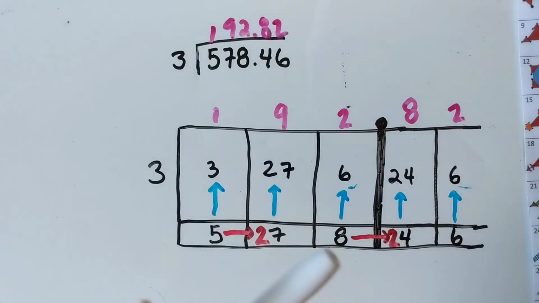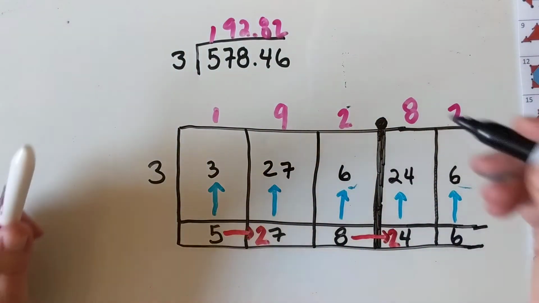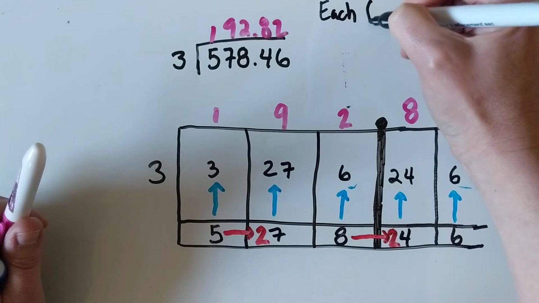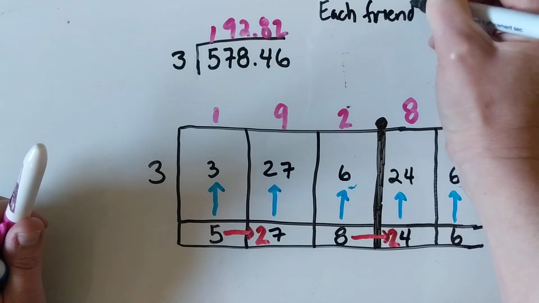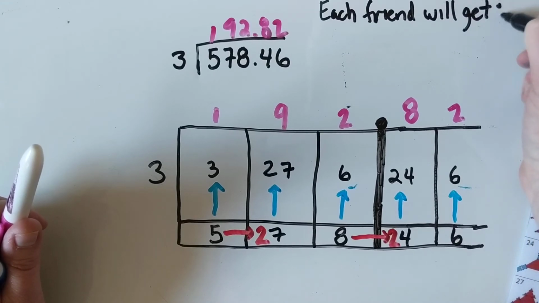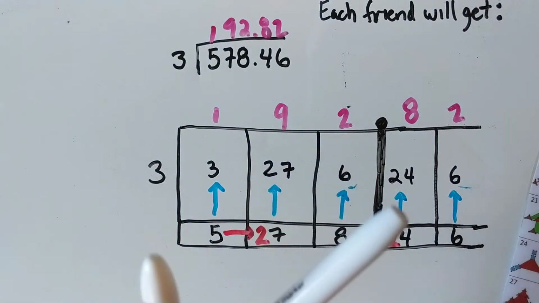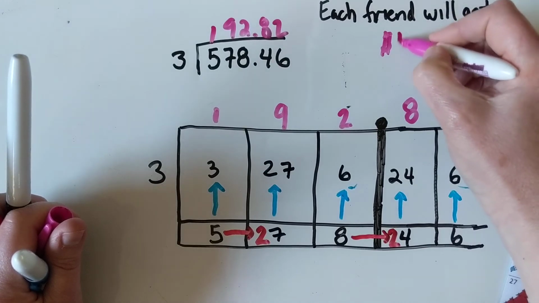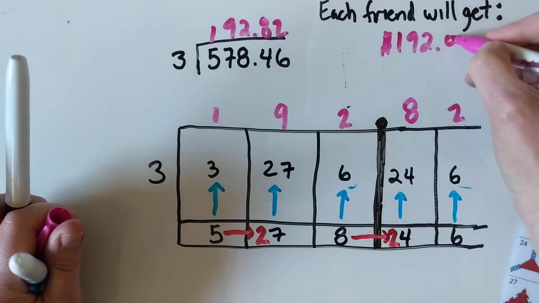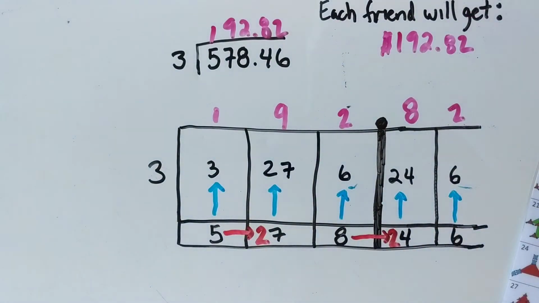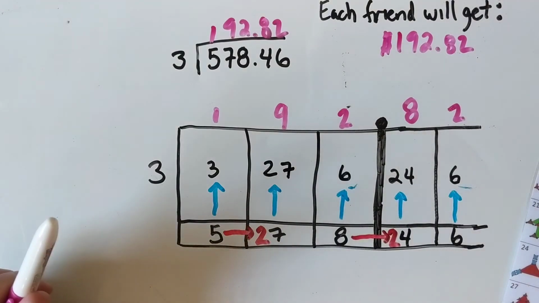Okay, now in the Google Slides, it'll also say up here about each friend will get, and it asks you to write in the solution. So you're going to also enter in the solution, because it was money, $192.82. Okay, so that would be one question complete. Okay, good work.